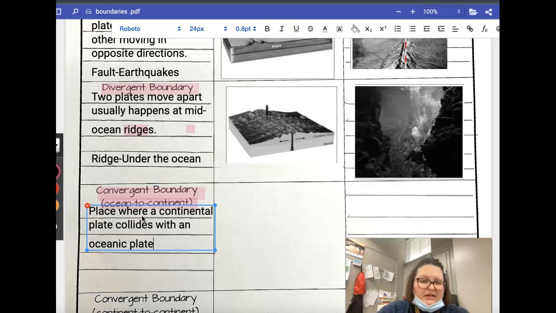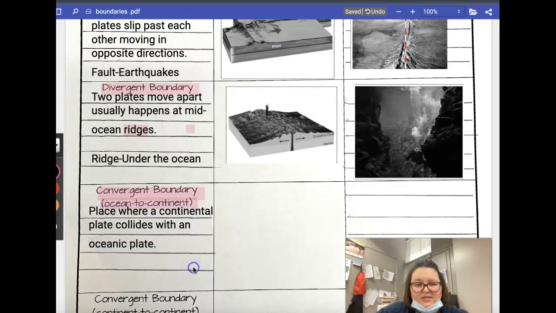Okay, where a continental plate collides with an oceanic plate. And this happens because the oceanic plate is more dense than the continental plate. So press pause, get that written down, and we'll go to our picture next.